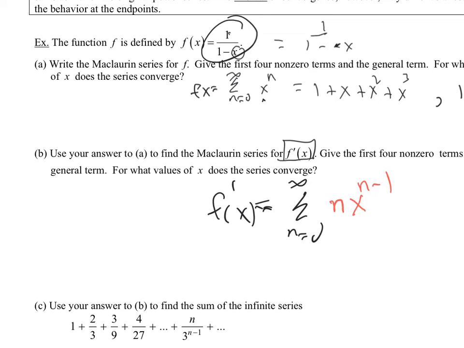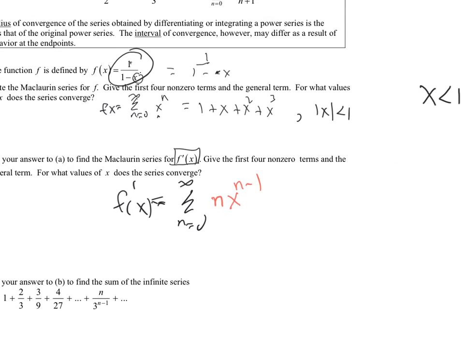Take the 1, multiply it by the exponent, take 1 away. And it should give me, let me do it by taking the derivative of each of these terms here. Derivative of 1 is 0. That's not a non-zero term.